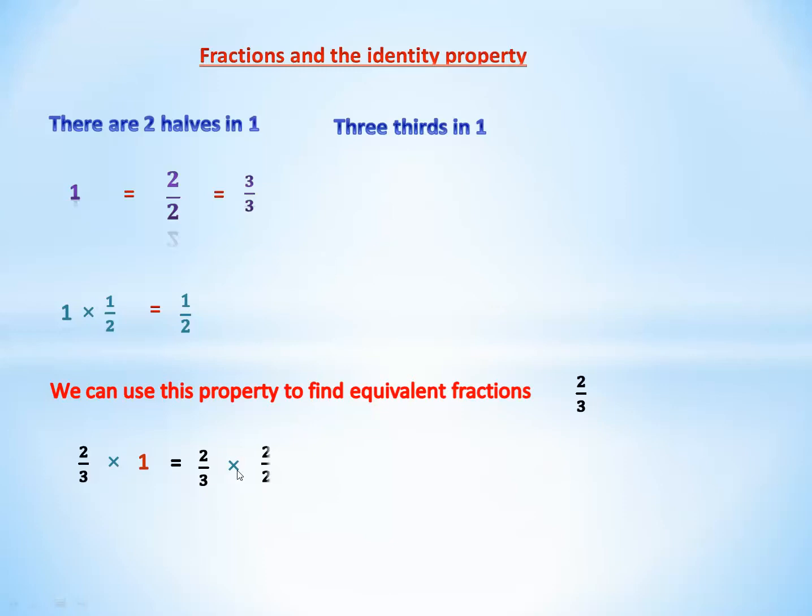So 2 over 3 times 2 over 2: numerator times numerator, denominator times denominator. 2 times 2 is 4, and 3 times 2 is 6. Or 2 over 3 times 3 over 3, or times 4 over 4, or 5 over 5, whatever. 2 times 3 is 6, and 3 times 3 is 9. So the equivalent fractions to 2 over 3 are 4 over 6 and 6 over 9.